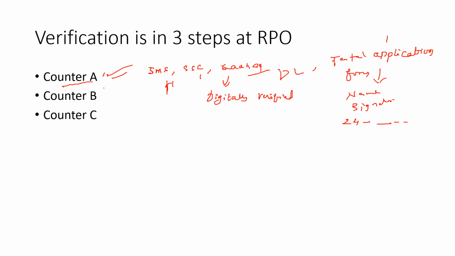So what these guys will do is take this application and forward it to the counter B. At counter B, you have to wait for some time. They will call you by your name, and they will ask you to sit at a counter in front of one person. That person will take your application, and here they will take the photo.